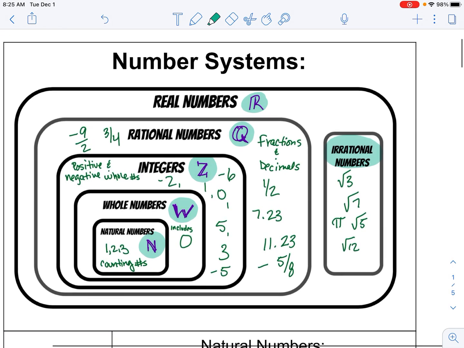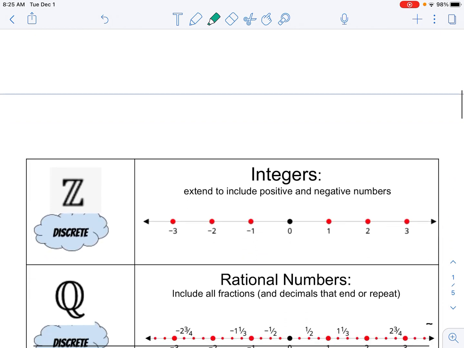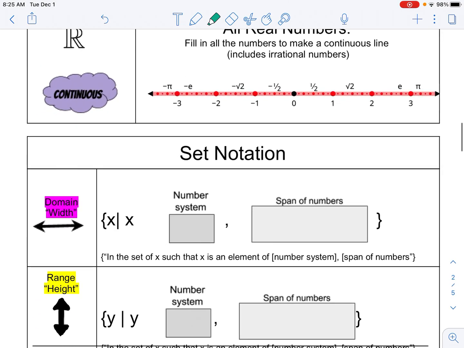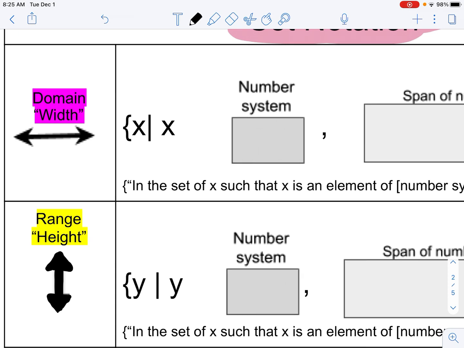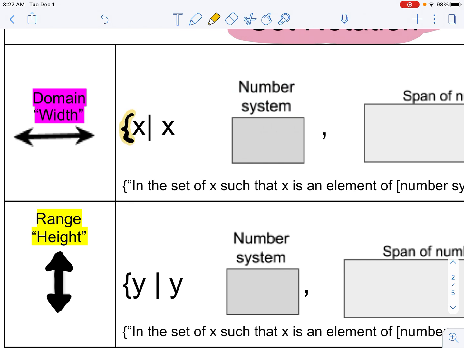So those letters N, W, Z, Q, R are important when it comes to writing in set notation. When we look at set notation, we would say x, and this symbol right here means in the set of x, which means we're talking about domain.